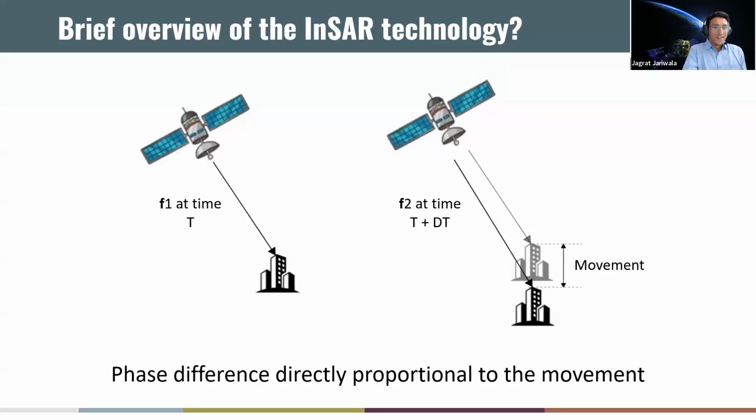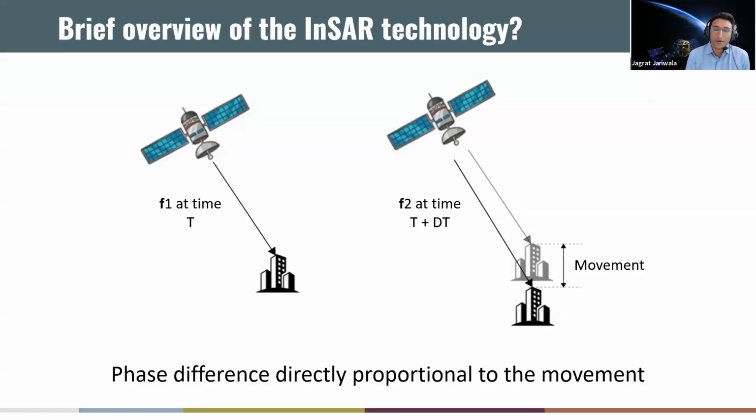Okay, let's continue. Let's assume that the capture happens at time t, and then again at time t plus delta t. InSAR tries to figure out how long the reflected waves took to get back to the sensors. It utilizes this property to come up with movement estimates.